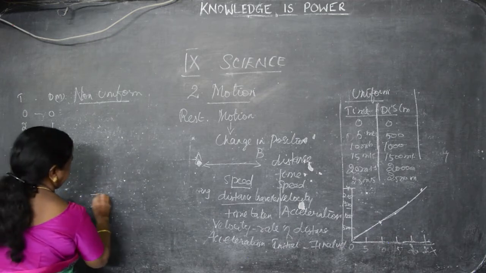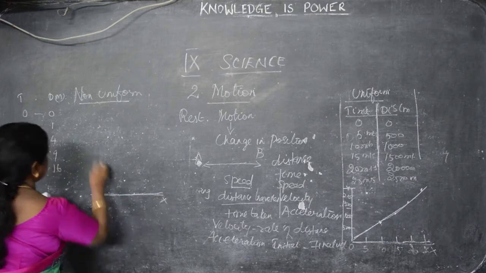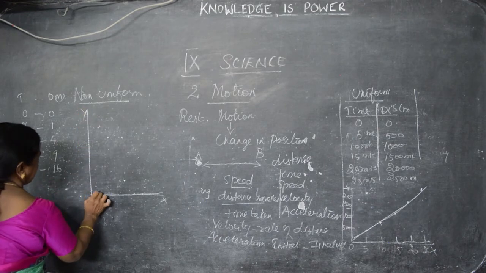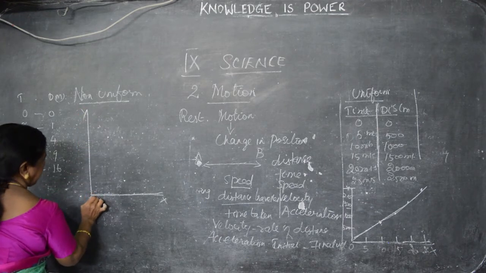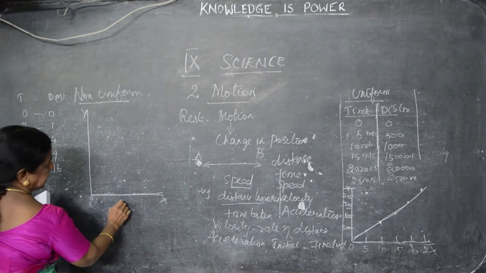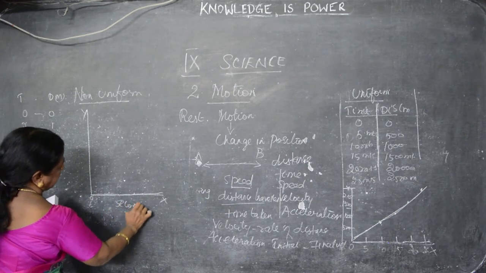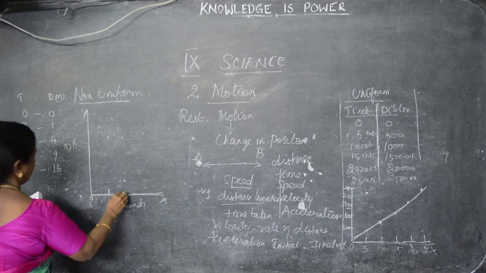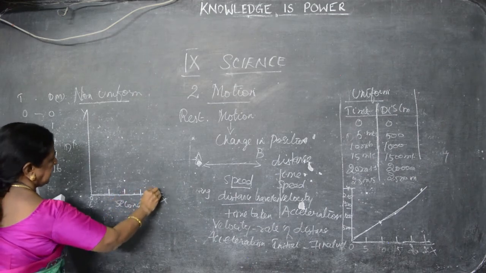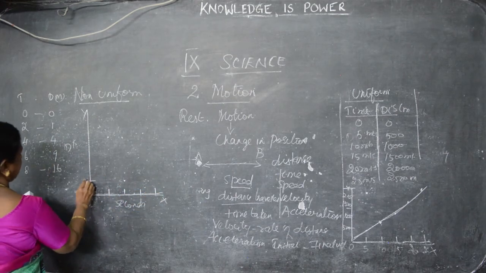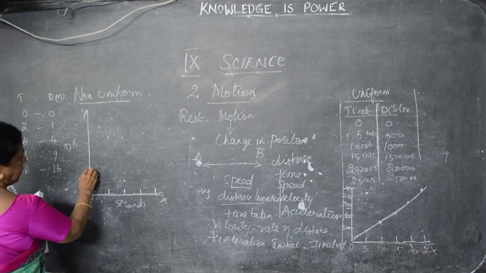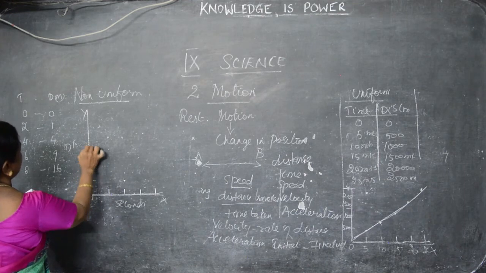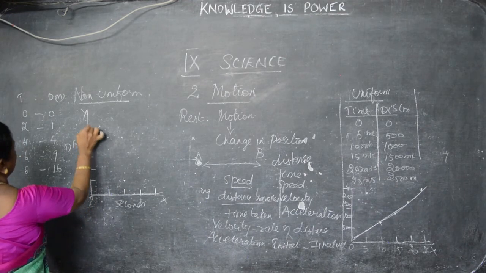The same as before, x-axis, y-axis, 0. Here you take seconds and the distance. The seconds are 2, 4, 6, 8. Here 0, 1, 2, 3, 4, 5.